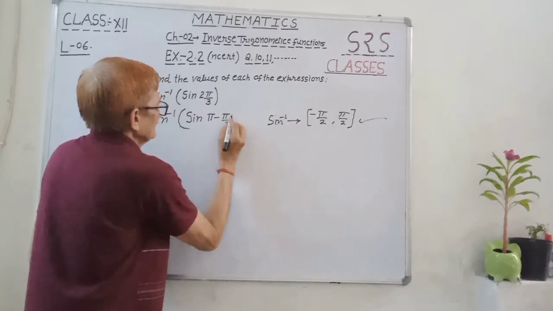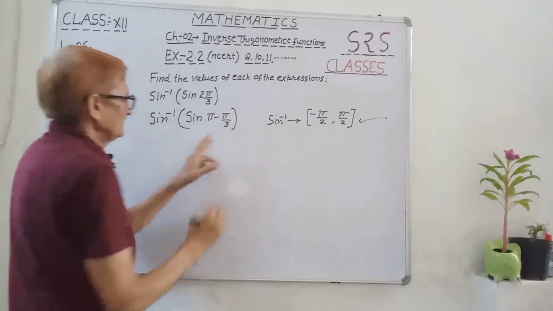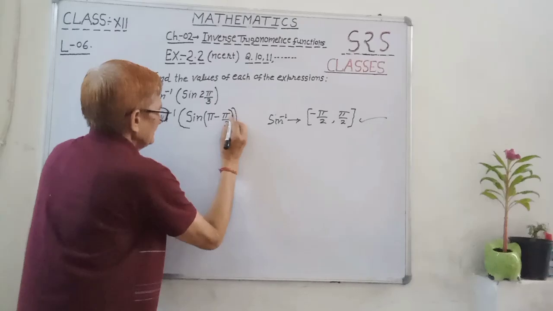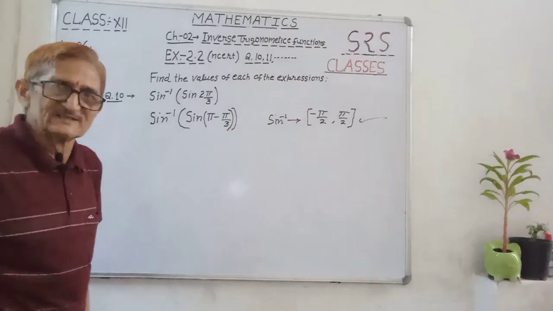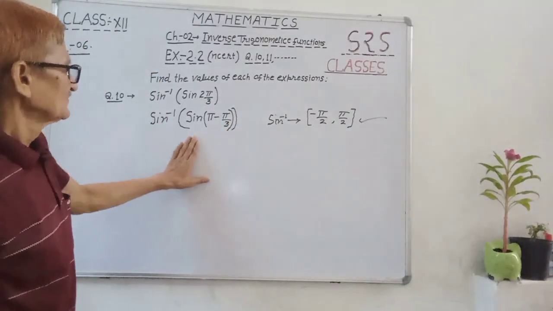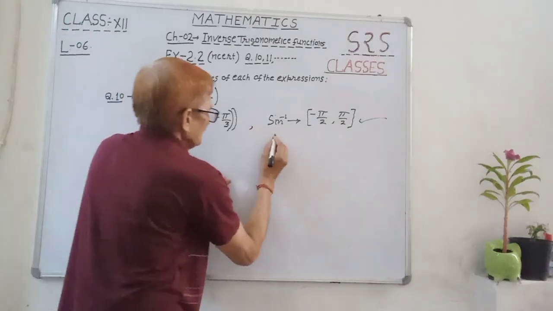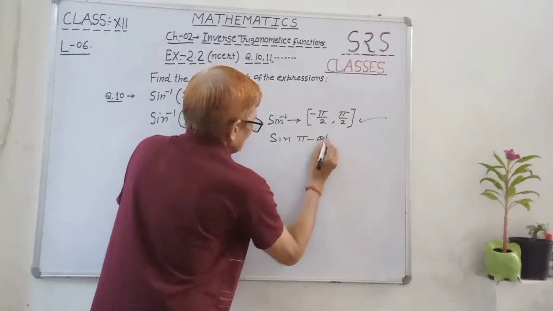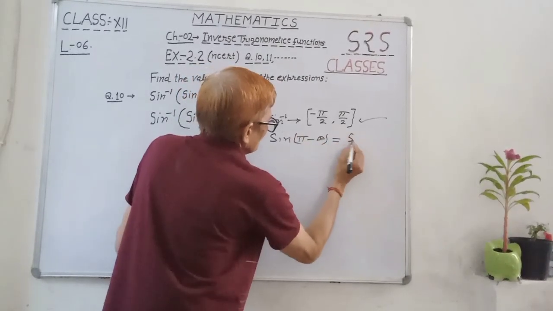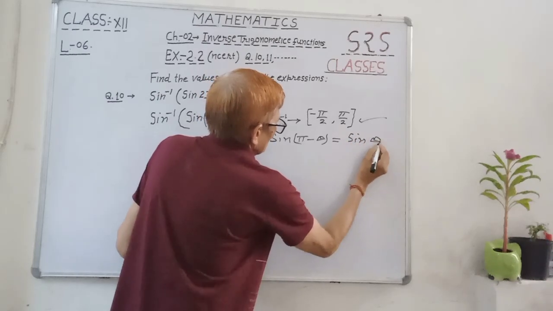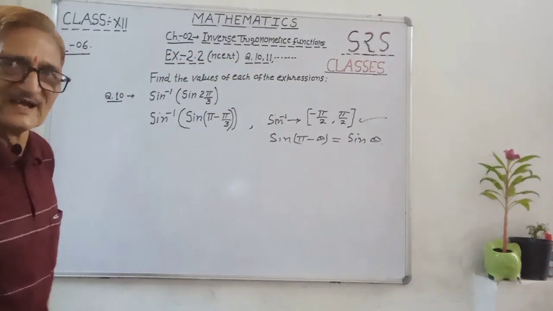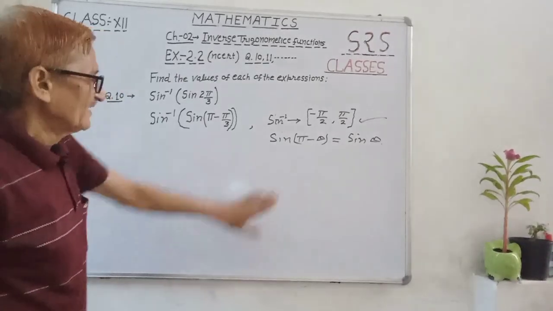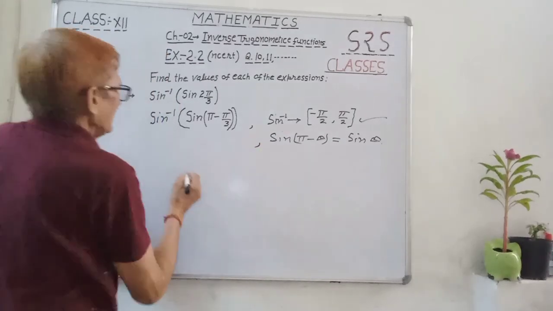Now use the formula: sin of pi minus theta is equal to sin theta. In the second quadrant, sine and cosec are positive, so the sign stays positive.